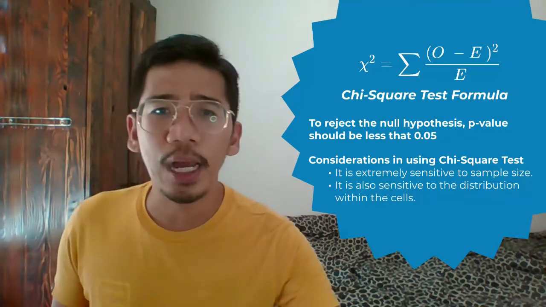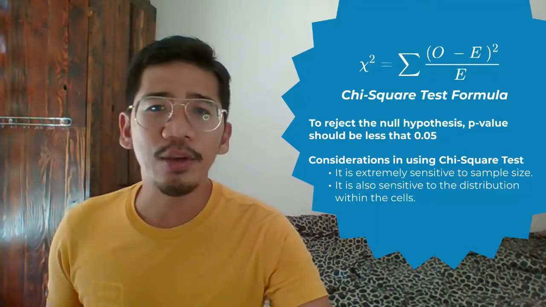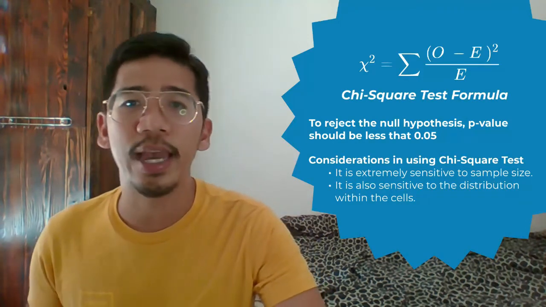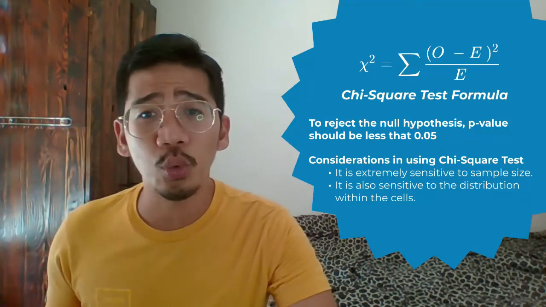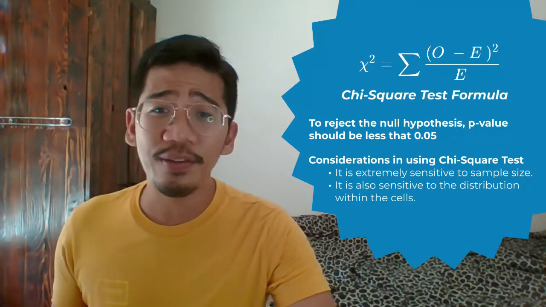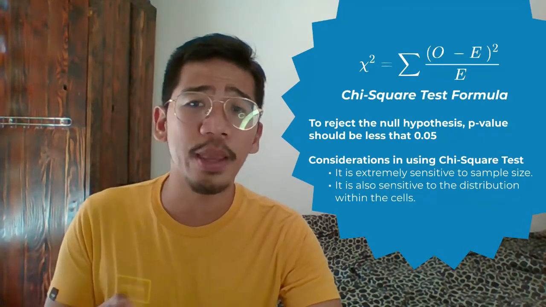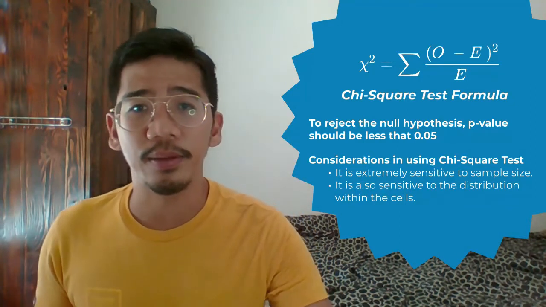Because of how the chi-square value is calculated, it is extremely sensitive to sample size. When sample size is too large, that is about 500, almost any small differences will appear statistically significant.